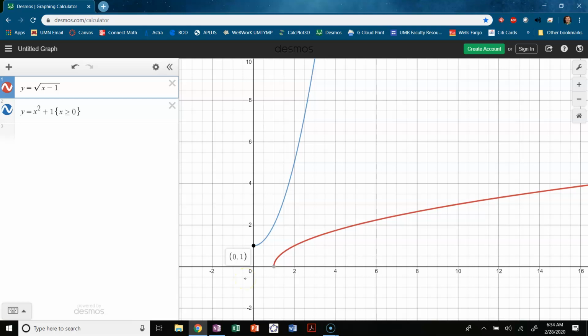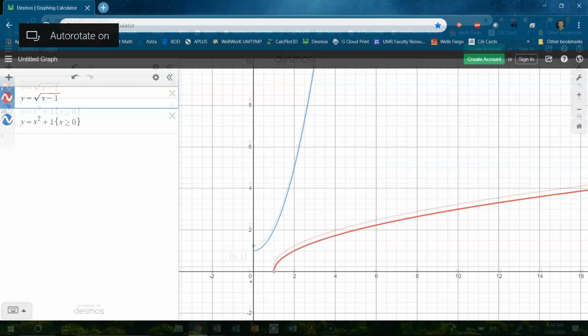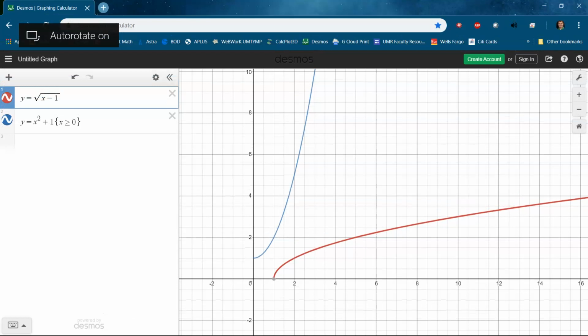And then it looks like they're almost mirrored over some line that goes right in between them. All these are good noticings. Maybe you had the same ones as I did, maybe you had some other ones, and hopefully yours were equally as rich as mine.